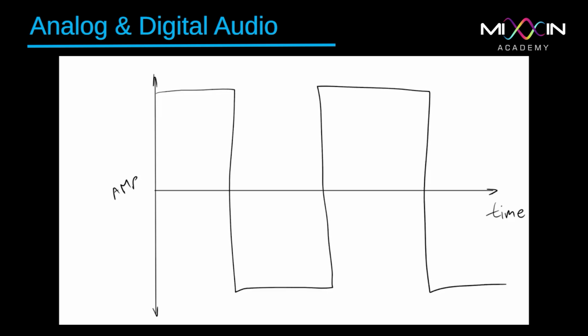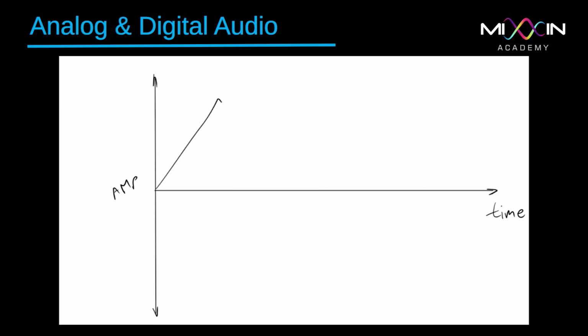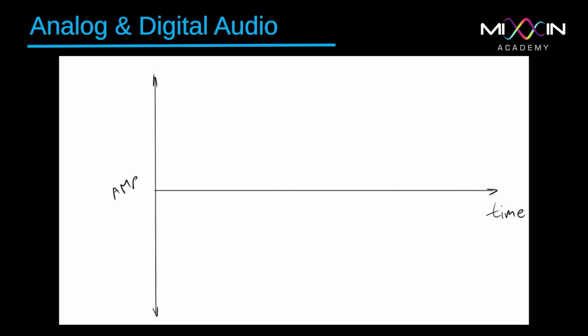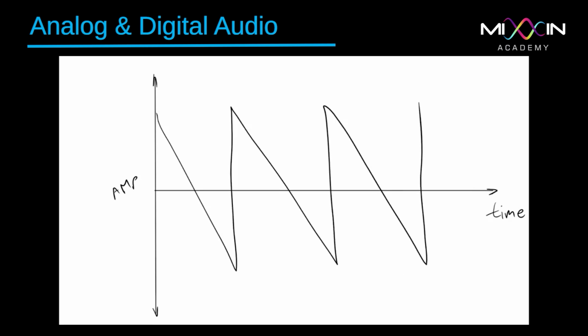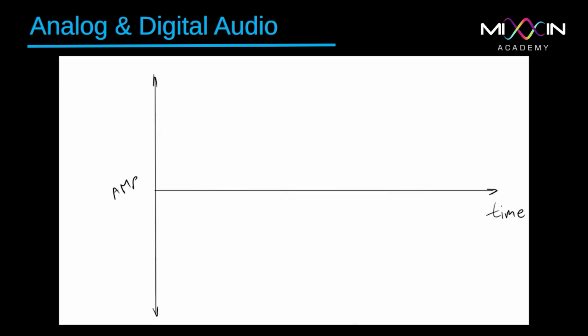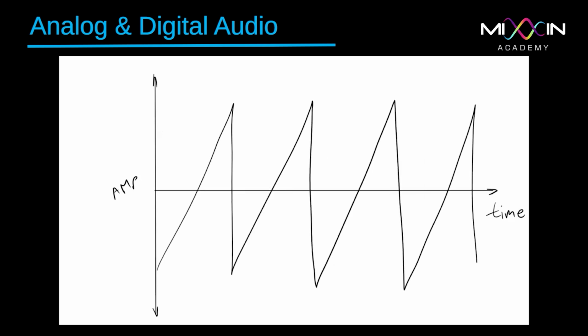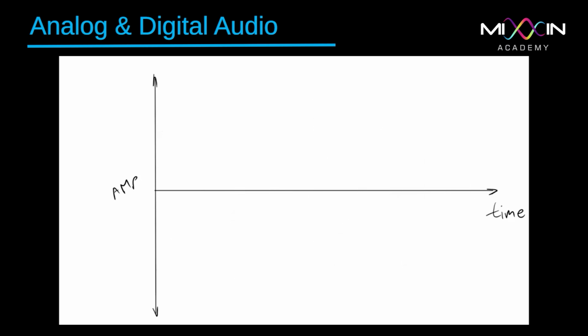Then we would have a triangle wave, and we would have a sawtooth wave that just repeats itself like that. Let me draw that more dense so that you can actually get what I'm talking about. So a saw wave can actually be inverted just like that, go upwards. So ramp up instead of ramp down. So those are the most common and most basic sound waves and sound forms.